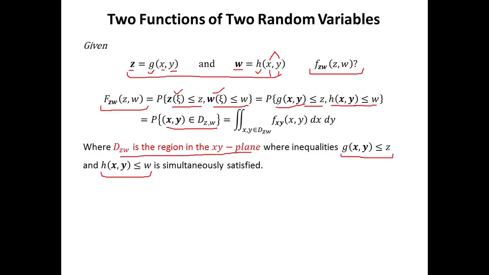Whenever we have that region, the probability of coordinates (x,y) falling into that region is equivalent to the probability that g(x,y) ≤ z and h(x,y) ≤ w, which is the CDF of the joint distribution of z and w. This probability can be evaluated as a double integral of the joint PDF of the x and y random variables with respect to x and y for the region where (x,y) belongs to D_zw.